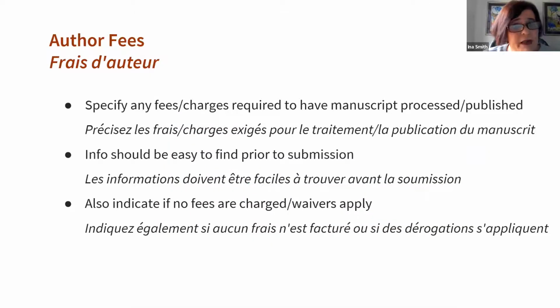Also be very transparent about your author fees, even if you do not charge author fees for authors. Indicate as such, as I've mentioned here. Also indicate if no fees are charged or whether waivers apply or not. So be straightforward and think of the possible questions your potential authors might have.